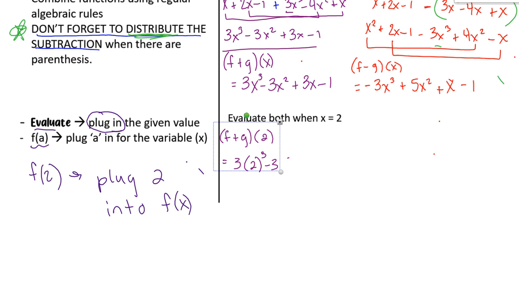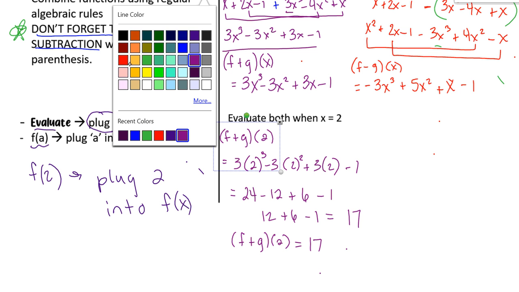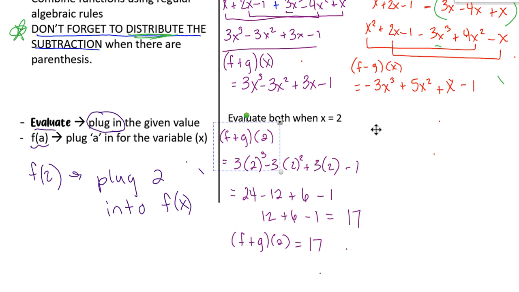And simplify. You can even do boop, boop, calculator says. Okay, for this one, I got f plus g of 2 equals 17. Check my math. Right, this one over here, if I want to find f minus g of 2, I'm going to take my new function, and everywhere there's an x, I'm going to plug in a 2.